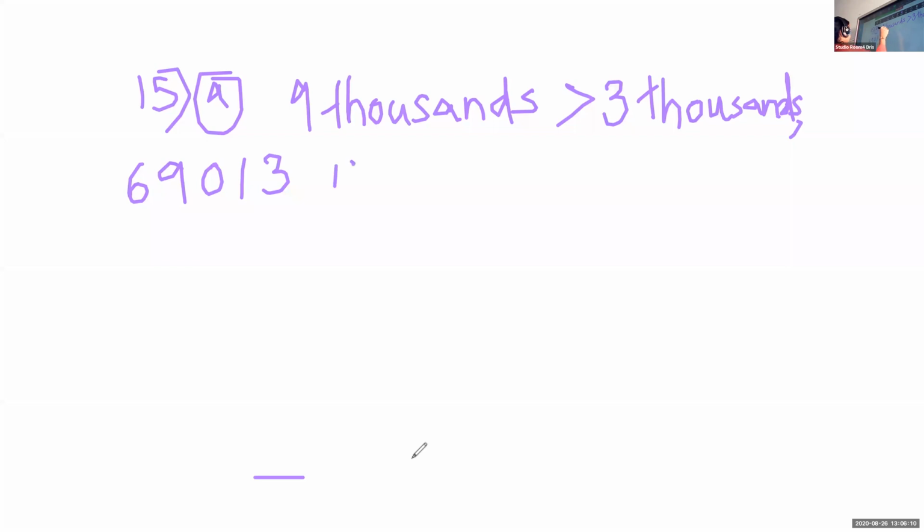And children, we have only two numbers. One is greater, so automatically the other number will be smaller. So you can write that also. 69,013 is the greater number.